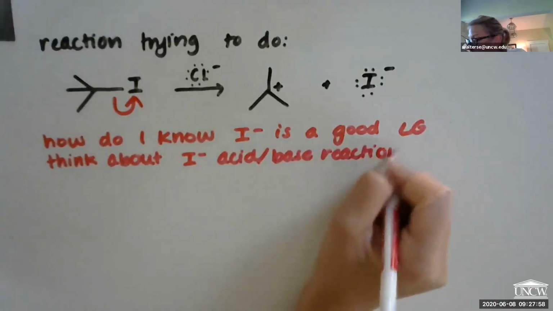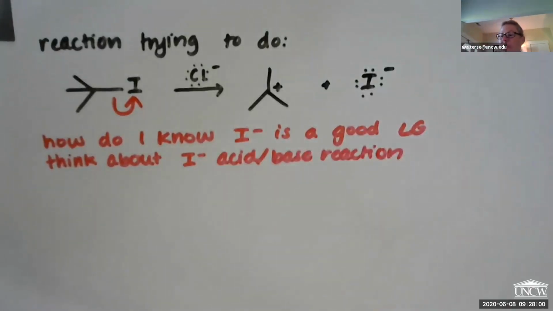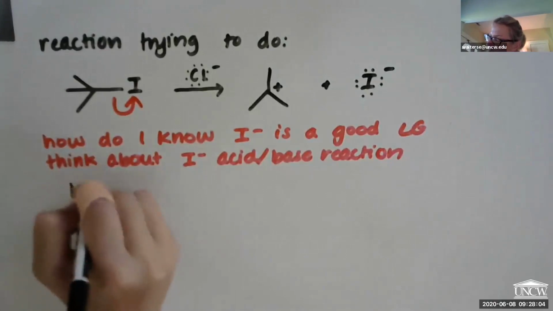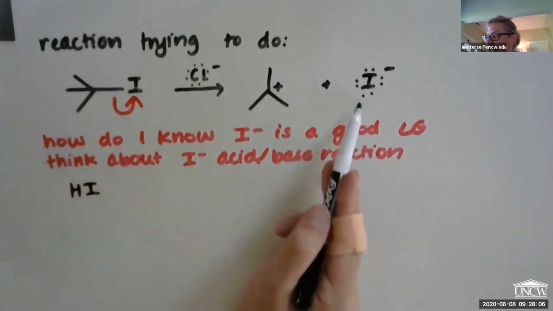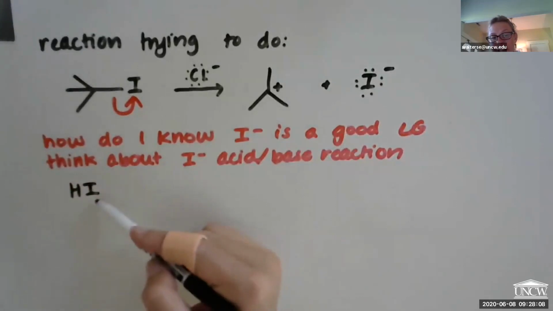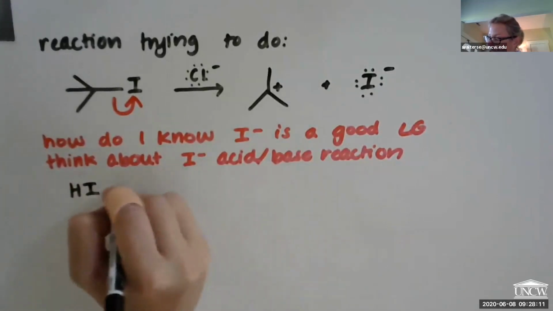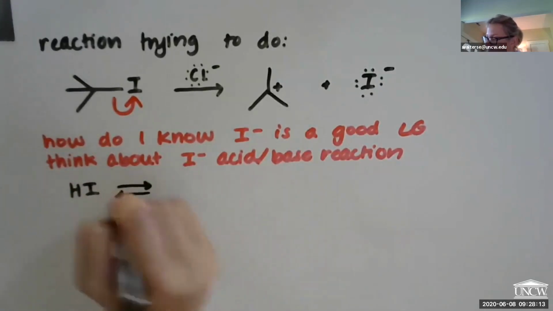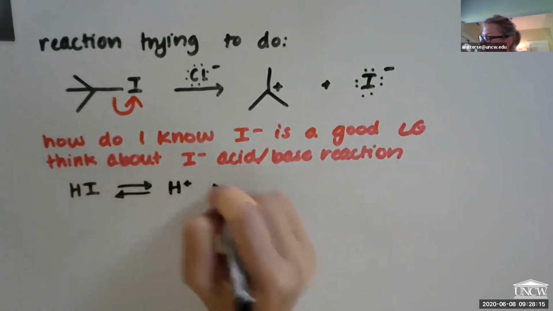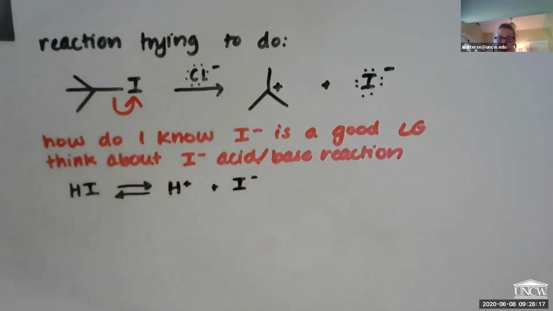It's not actually happening, it's just something that you have to think about. So the conjugate acid of iodide is hydroiodic acid. And you would say hydroiodic acid would participate in this reaction.